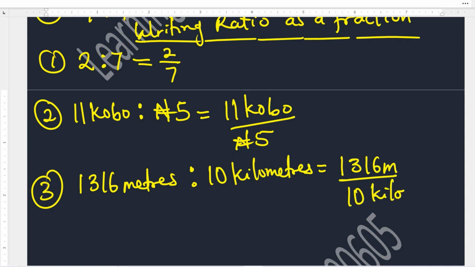We can write kilometers in short form, that's 10 km. So, 1,316 meters over 10 kilometers. This is how to write ratio as a fraction.